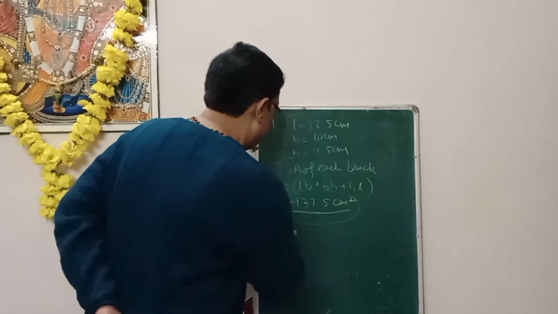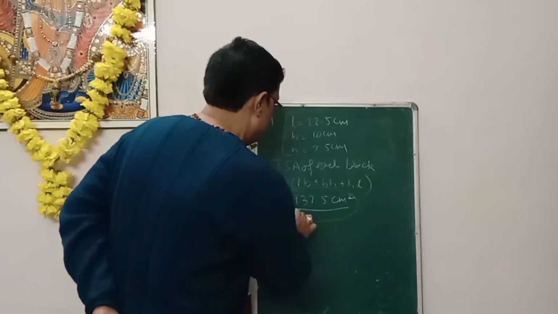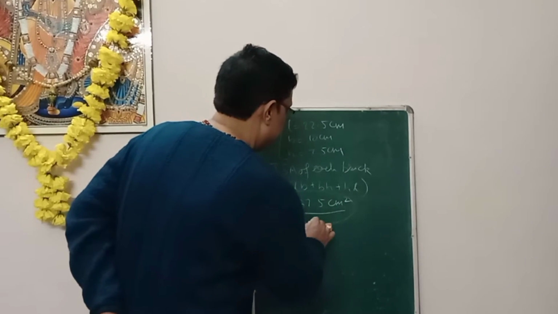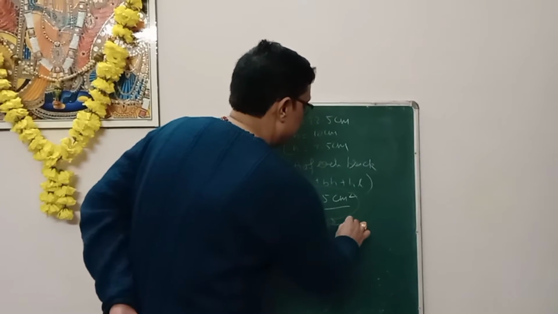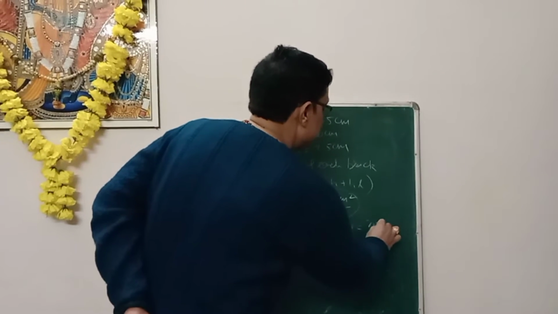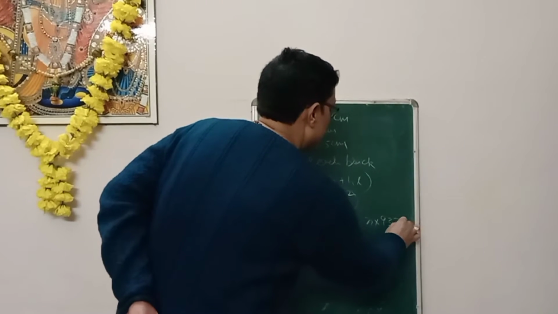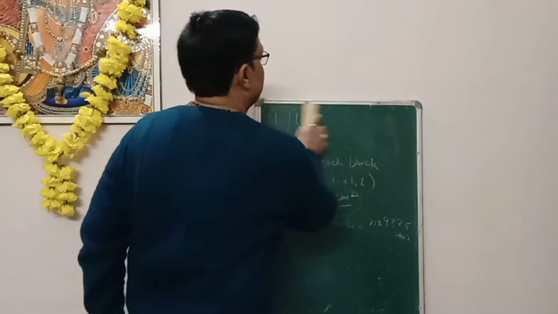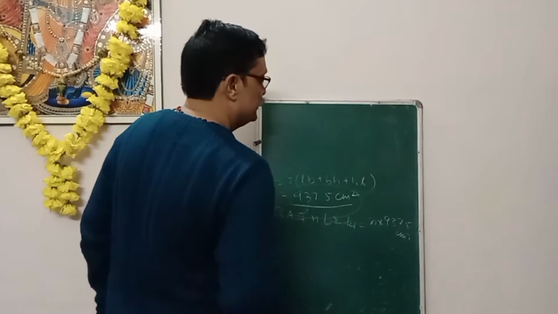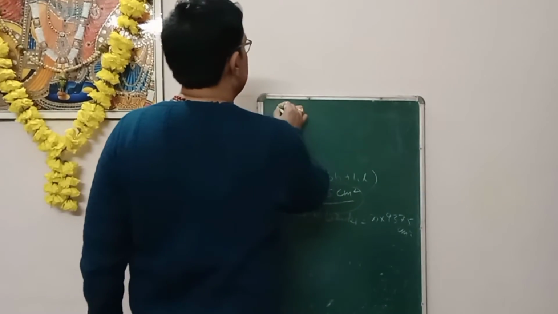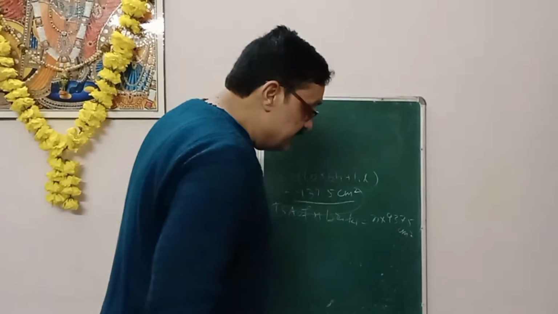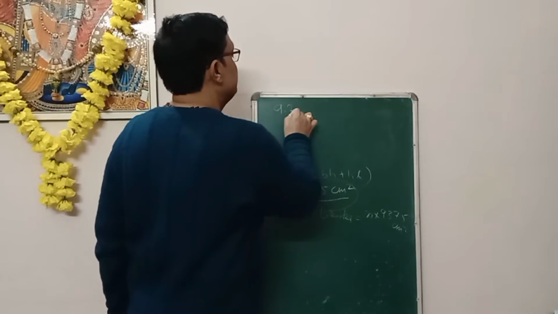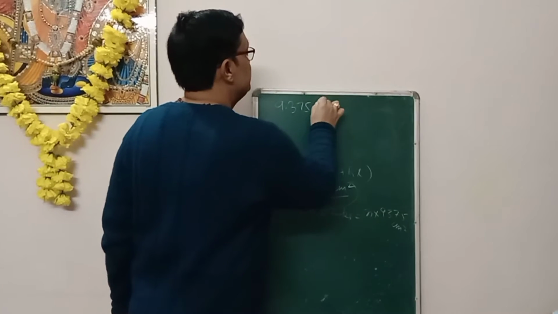So total surface area, TSA, of n bricks is n into 937.5 centimeter square. From the question, it is given that paint is sufficient to paint an area of 9.375 meter square.